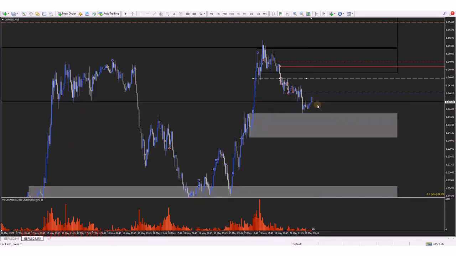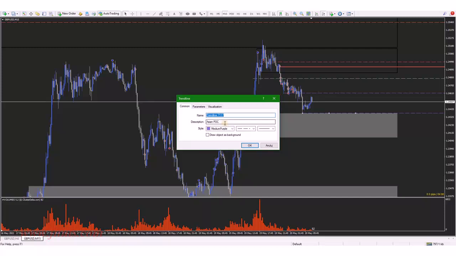I'm marking my other levels when I'm sure that the Frankfurt session has already started, to see the highest and lowest point. But let's say that just for now, if the price will not go lower directly to the demand, here we have the Asian low just for now.